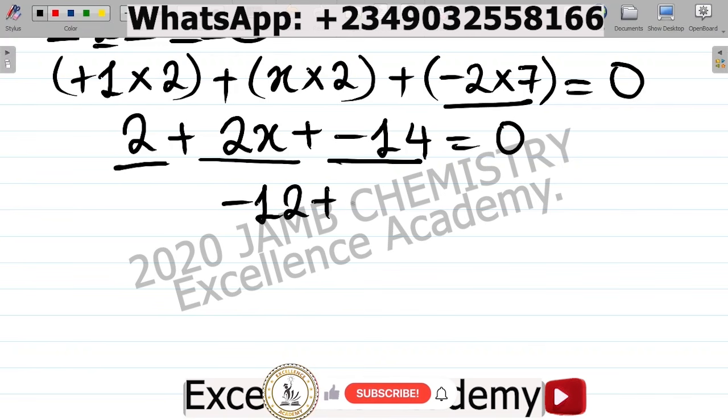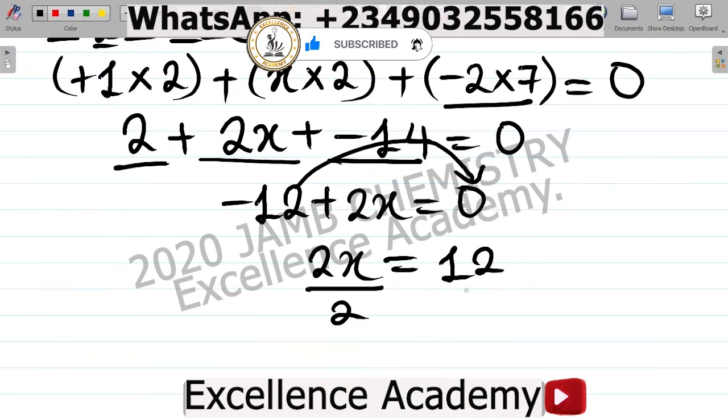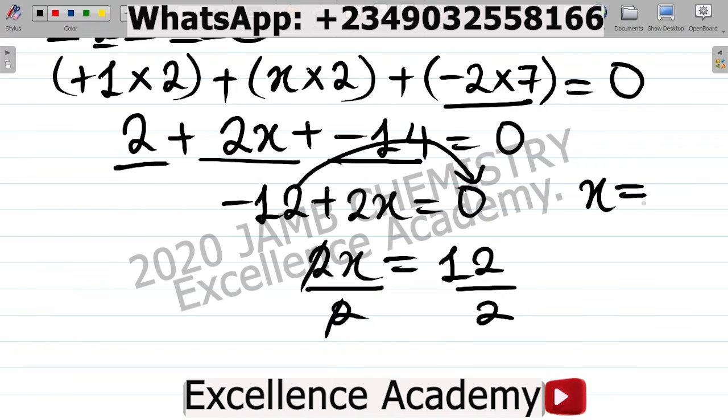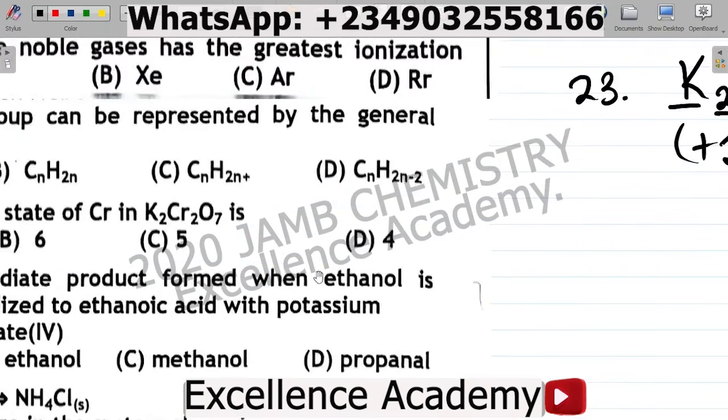Bring this back: minus 12 plus 2X is equal to 0. Move this over here. You have that 2X is equal to plus 12. Divide by 2, divide by 2. This cancels this. So X is equal to 12 over 2, which gives you 6. So the correct answer is 6.